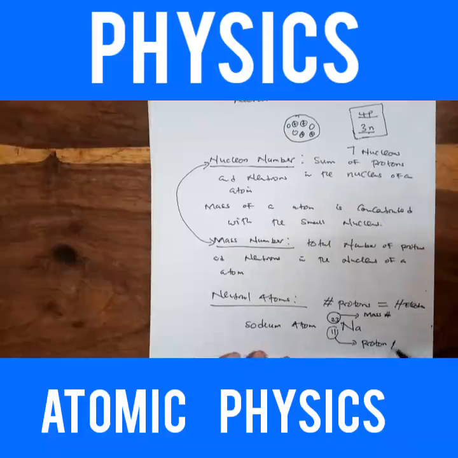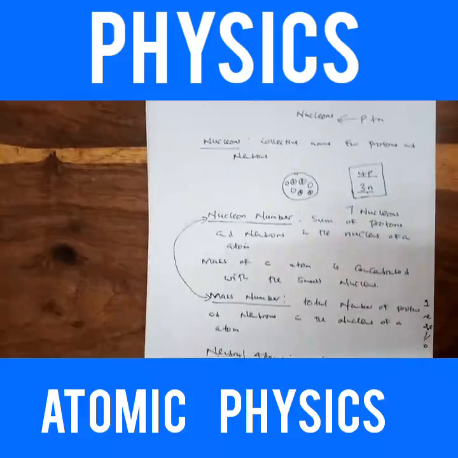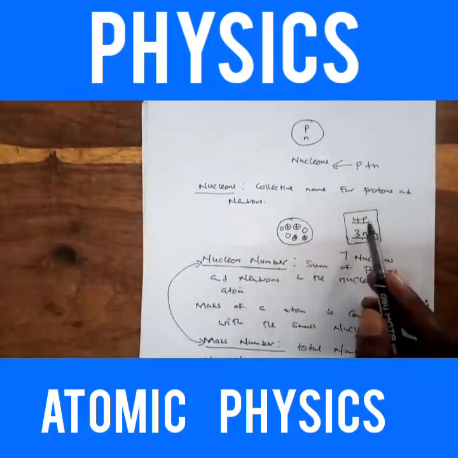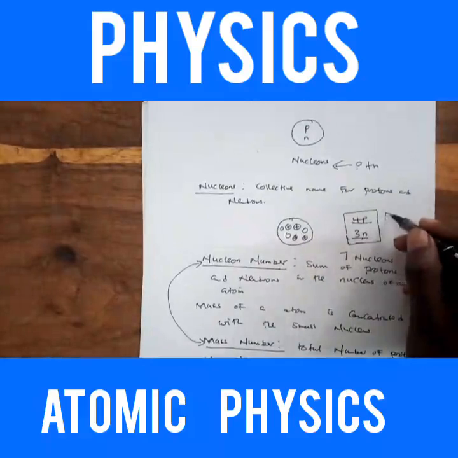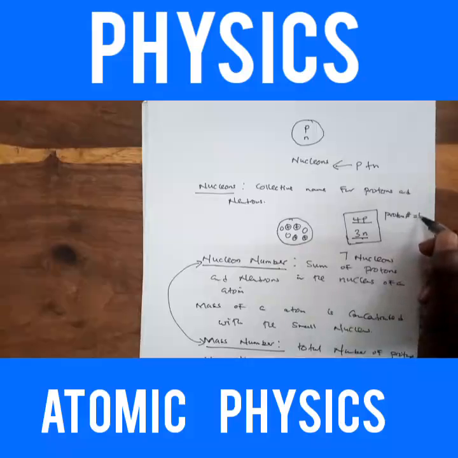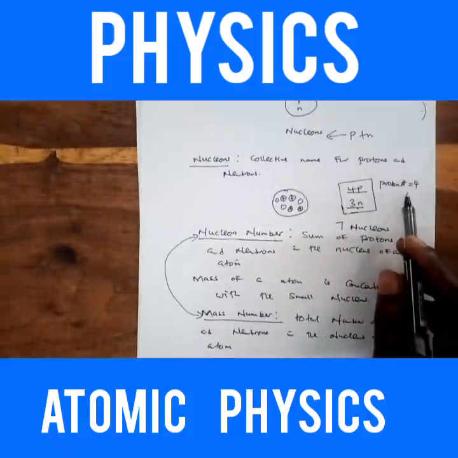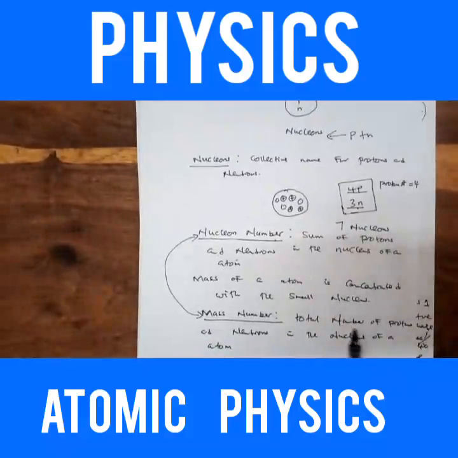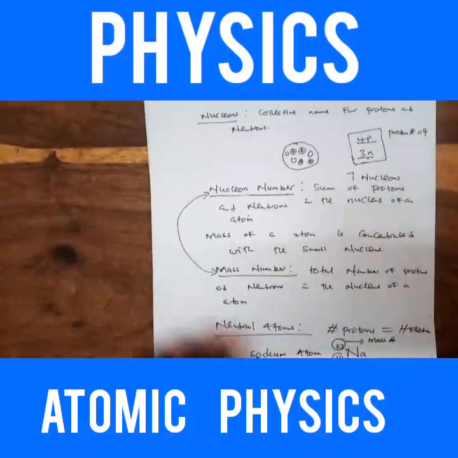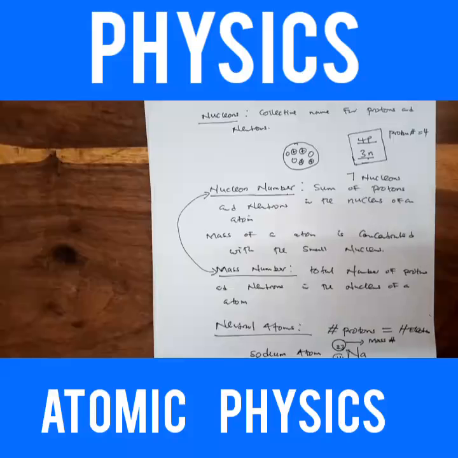When we say proton number, we're talking about the number of protons in that particular atom. So for example, in this case, when we count, we have 4 protons here, meaning the proton number of this atom is simply 4. The proton number tells you the position of an atom on the periodic table.